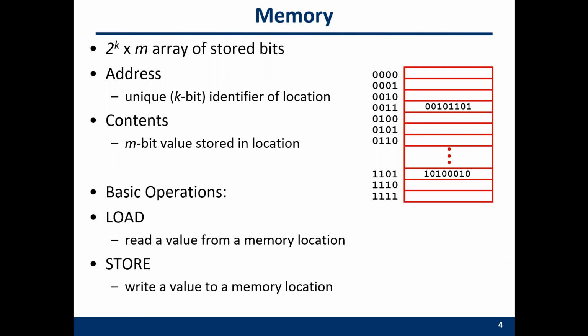Each entry can store M bits. And then you can issue load and store to read some data from a location of this array and store some data to a particular specific location here.